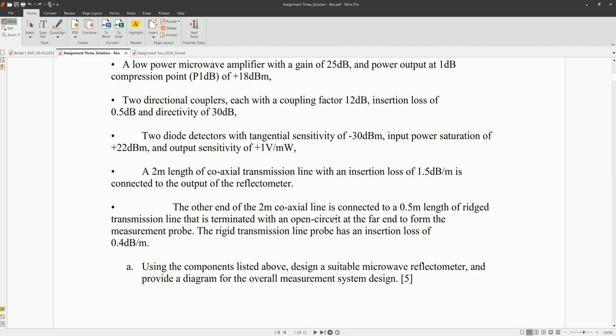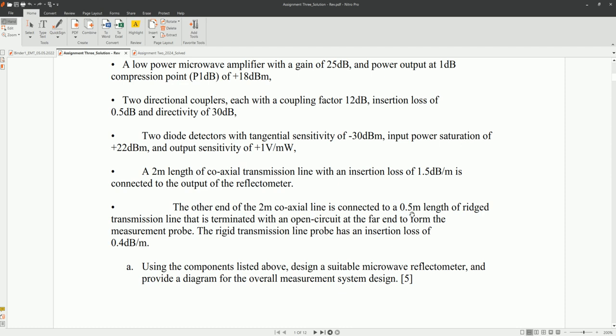Okay, the other end of the 2 meter coaxial line is connected to a 0.5 meter length of rigid transmission line that is terminated with an open circuit to form the measurement probe. So here this is the measurement probe. This rigid line probe has an insertion loss of 0.4 dB per meter.